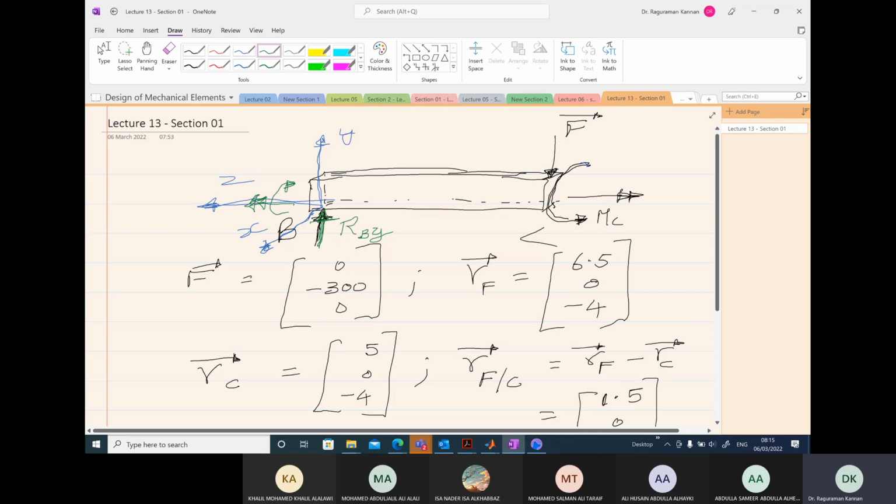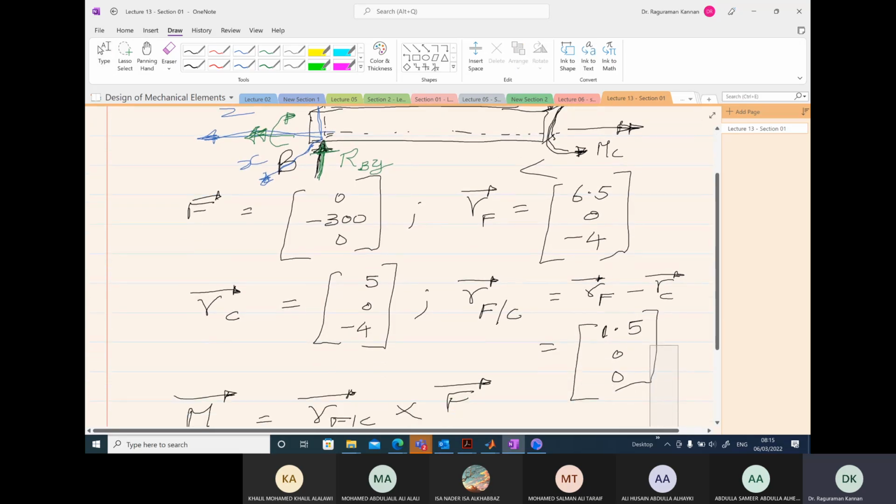Let's call this torque C. Okay, so this is the free body diagram for arm BC.